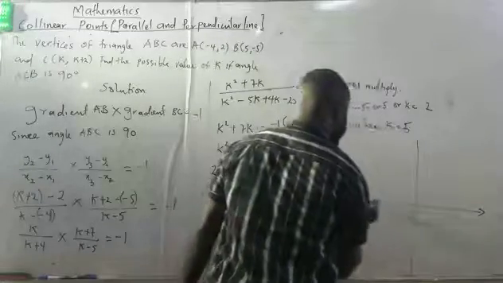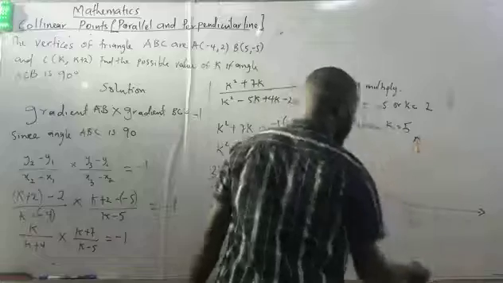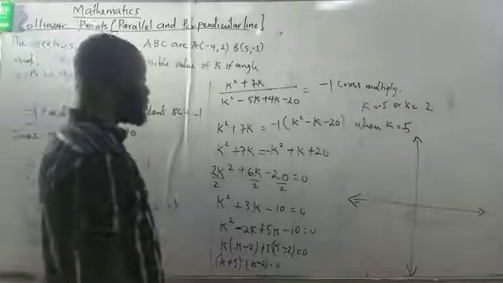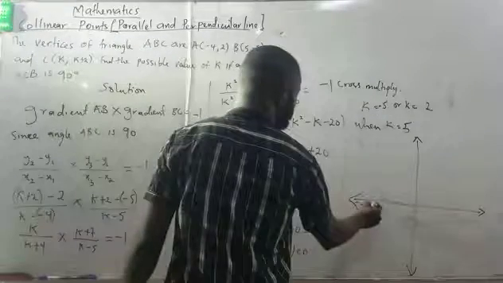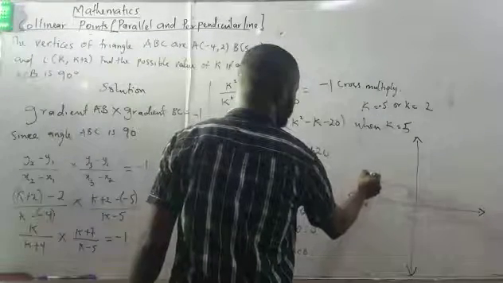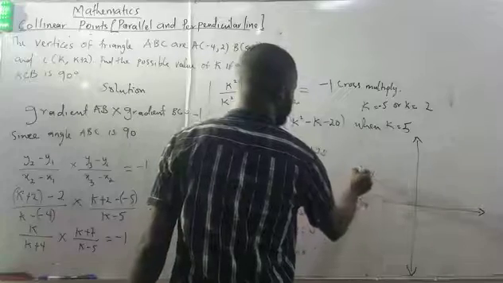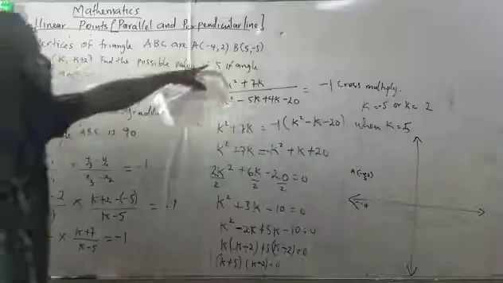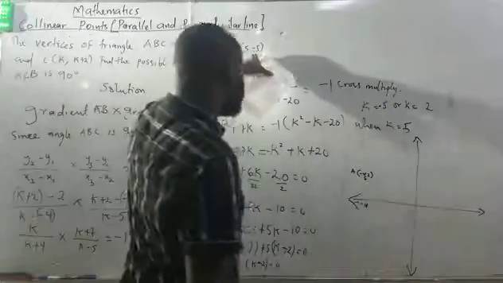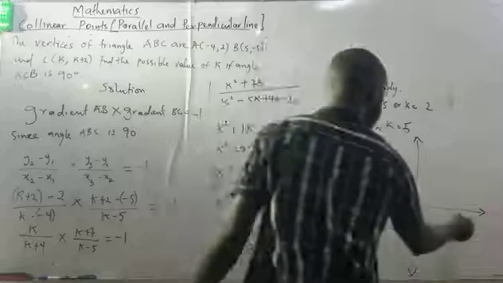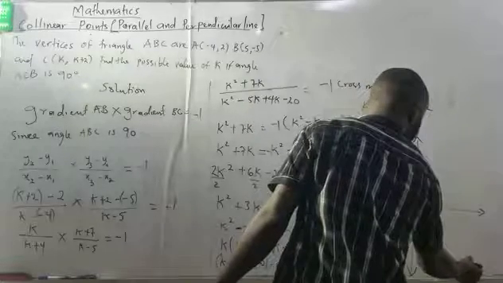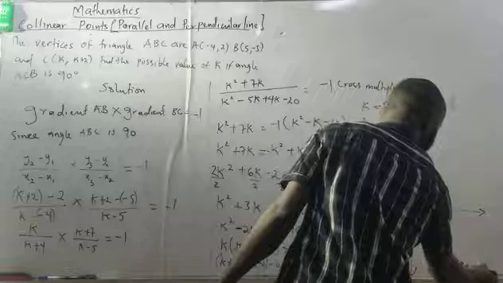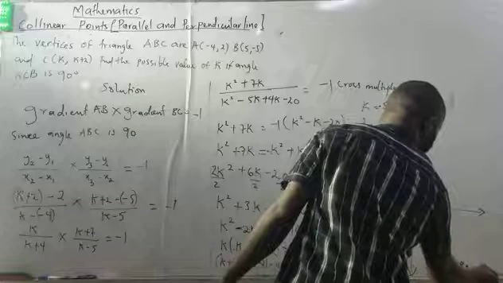Okay, this is a line, this is a line, and this is a line. Now, the first one is minus 4, 2. We call it A. And the second one, B, will be 5, minus 5.